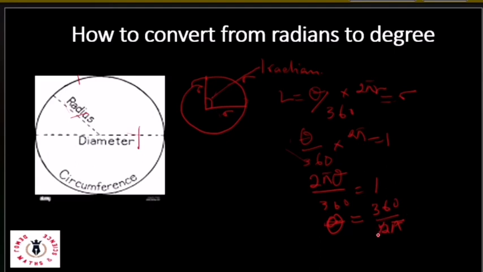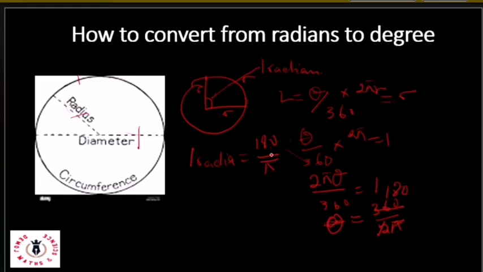Now the 2 here and 2 in 360, that's 180 degrees. So at any point in time, you can conveniently state that your 1 radian is equal to 180 over pi.